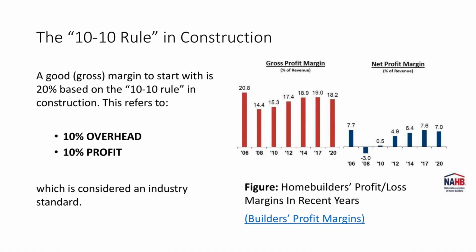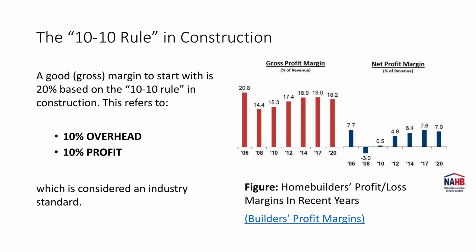Overhead and profit, which we said we need to add to the direct cost. We typically add 10% for gross overhead and 10% on top of that for profit. Again, these are gross numbers. In reality, these will change, but these are sort of industry standards, especially in residential construction. 10% overhead, 10% profit is known as the 10-10 rule in construction.